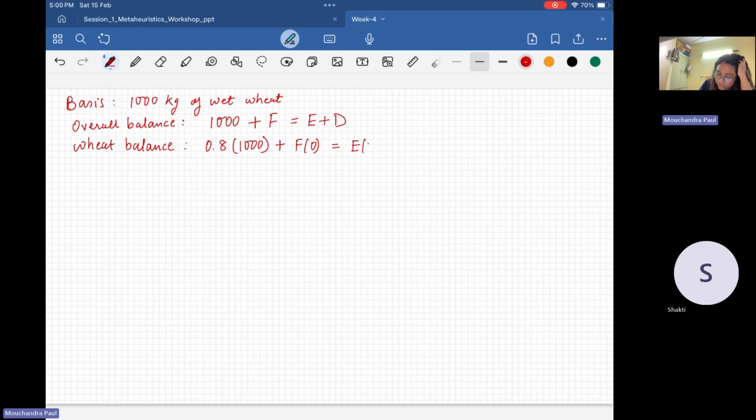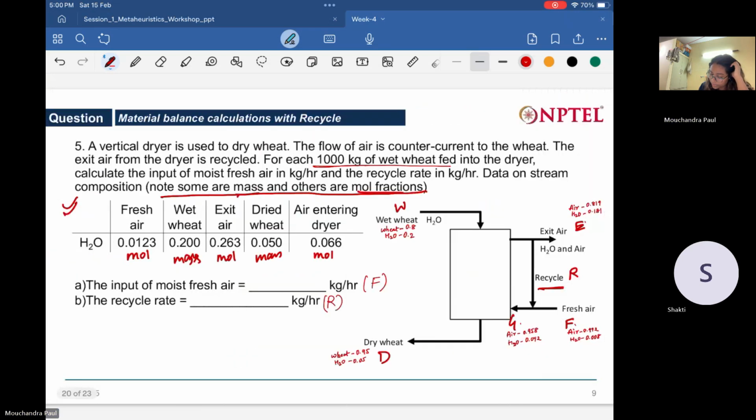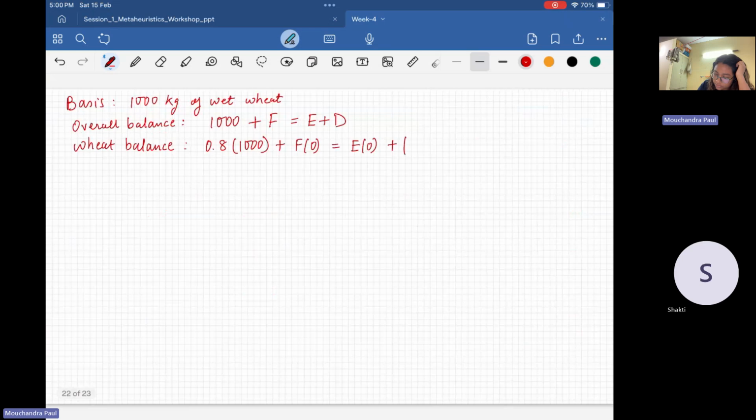In exit air also there is no wheat, but in the dried component there is 95% wheat, so 0.95 into D. So we can then calculate the value of D. It will be 800 by 0.95, 842.1 kg.